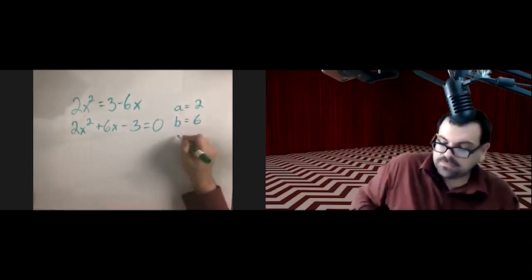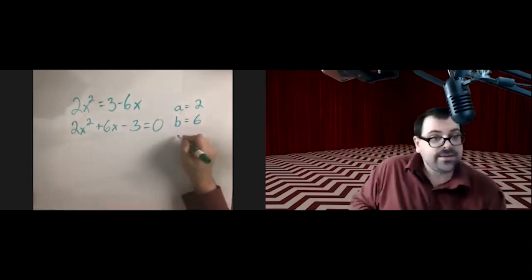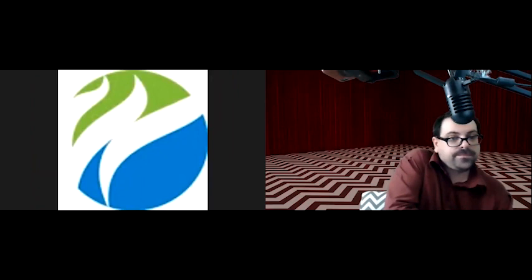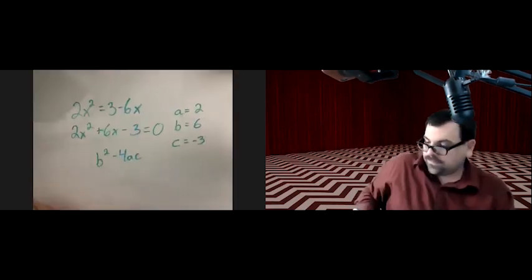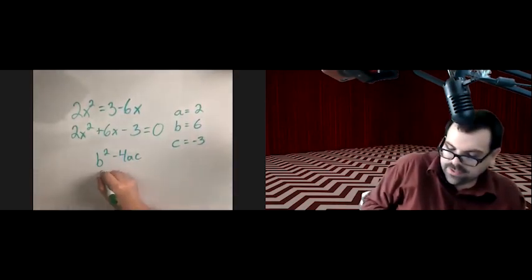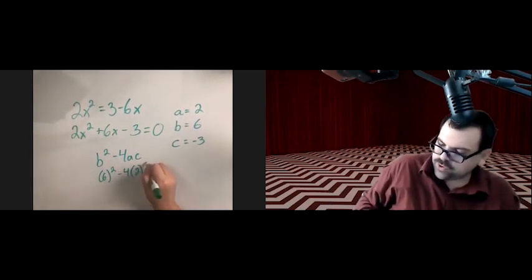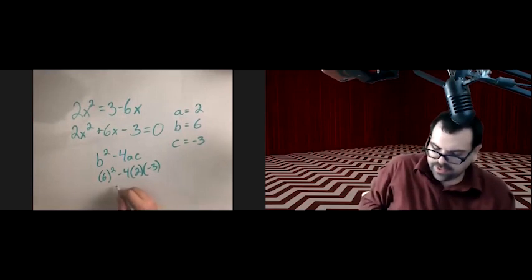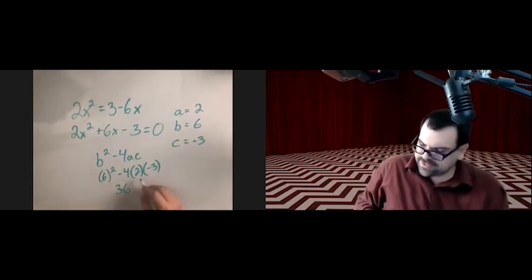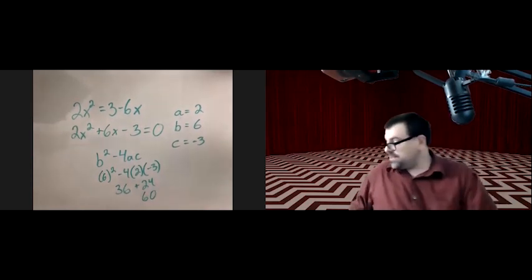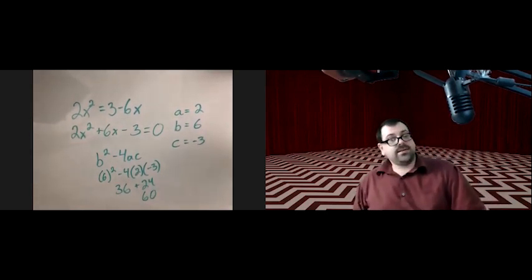So b squared minus 4ac would be 6 squared minus 4 times 2 times negative 3. 36 plus 24 gives us positive 60.